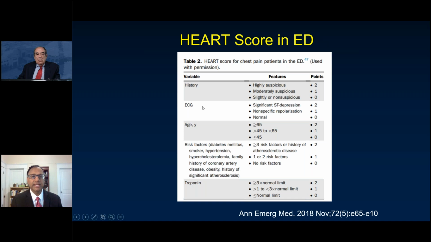H is history, E is ECG, A is age, R is risk factors, and T is troponin. And you can see that each of these is scored 0 or 1 or 2 based on how concerning the history is, how concerning the ECG findings are, the age cut points, whether you have no risk factors 1 or 2, or you have established known coronary artery disease, and what is the degree of elevation of troponin above the 99th percentile.